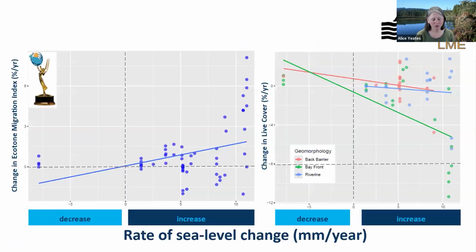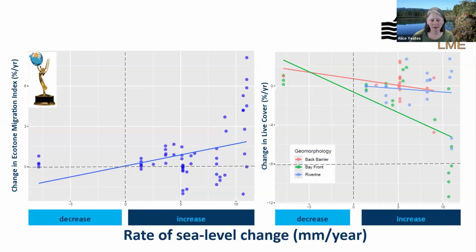So here's what that looks like. On the x-axis down below, it's rate of sea level rise, indicated where sea level rise is decreasing and then increasing. And what you can see on the left-hand side is our ecotone migration index. So this is the indicator of cover class changes that we would expect. You can see that we have a positive trend, so these are increasing over time.